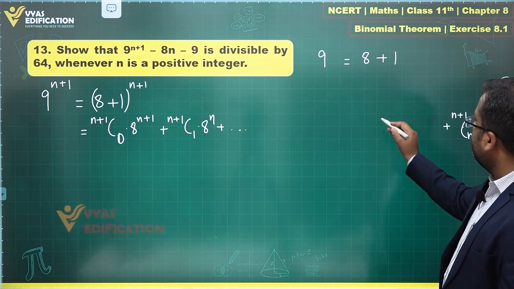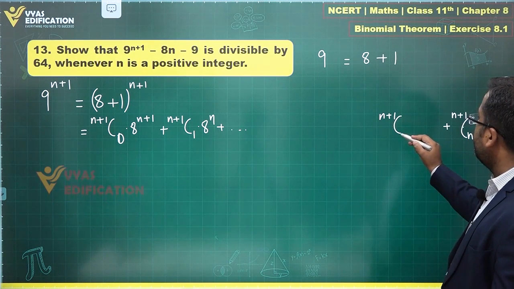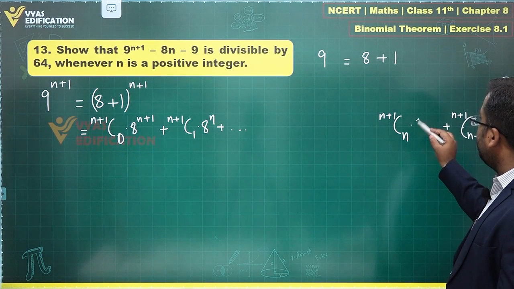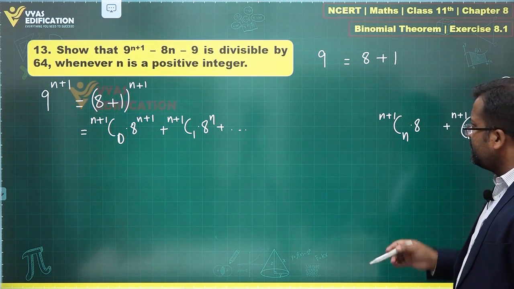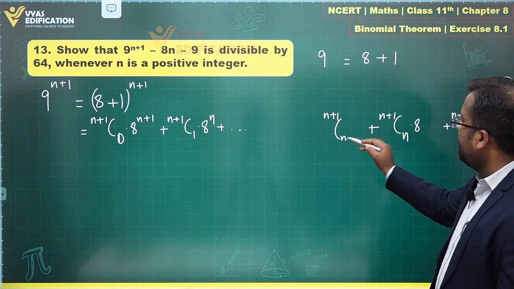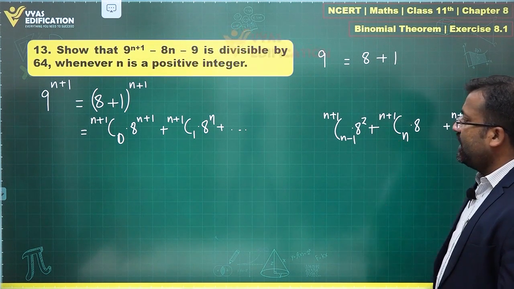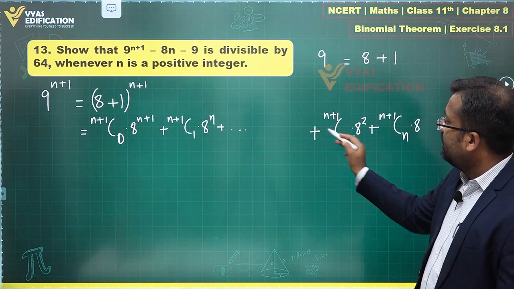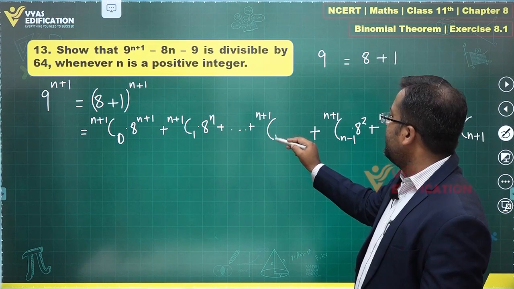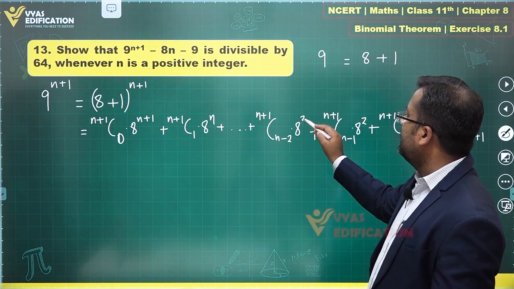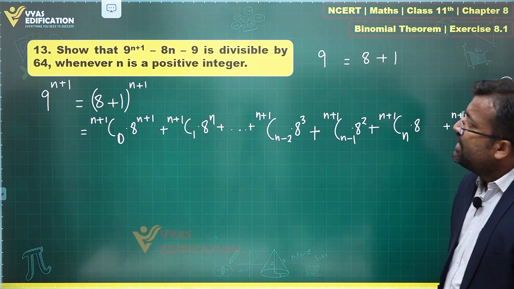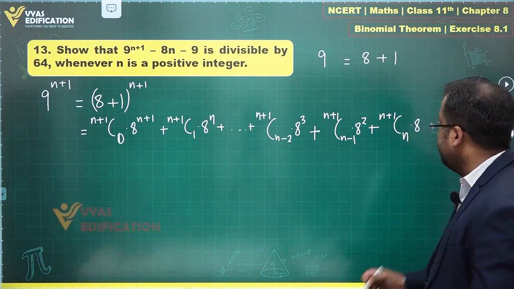The term before that will be n plus 1 C n, 1 lesser than this, and you'll have 8 power 1, 1 power n, which is 1 only, plus you'll have n plus 1 C n minus 1 times 8 square, yes, plus, will you have something else, right? Let me write one more term. This is n plus 1 C n minus 2 8 power 3, 1 power n minus 2, which is pretty simple, right? Okay.